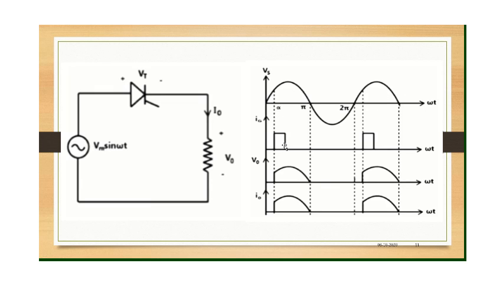So till I give my gate signal, the SCR will be in off condition, isn't it? Off condition. So whatever you measure here, you will not get any output at the load. Okay, there is no output at all.